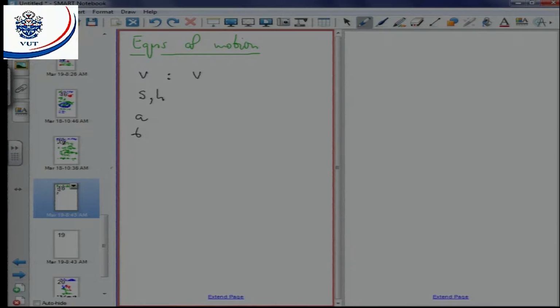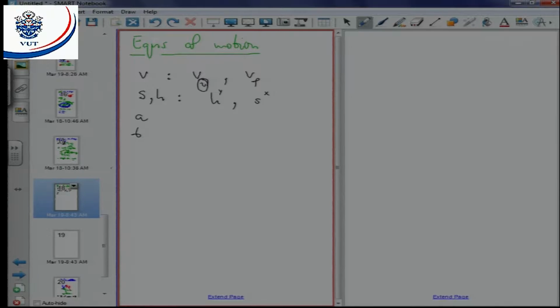Normally we would have initial speed, so we use small letter i for that, and we also have the final speed or final velocity. When we speak about motion in the y direction, we use h. In the x direction, we use s.